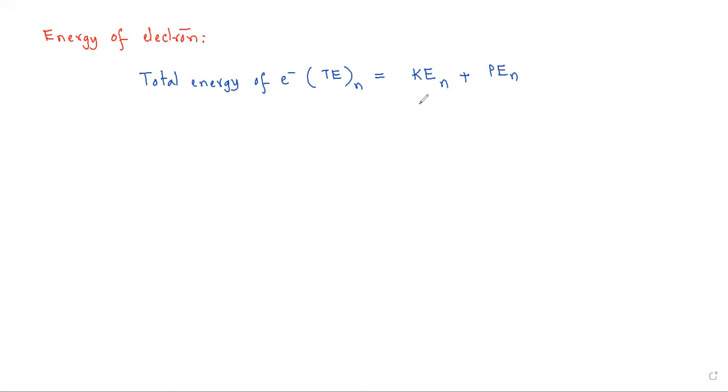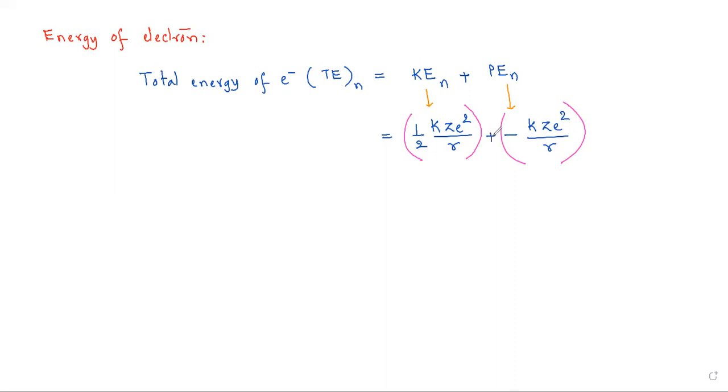So the kinetic energy of electron in nth orbit is half kZe square by r. Then coming to potential energy of electron in nth orbit, this can be given as minus kZe square by r. These are the potential and kinetic energy.